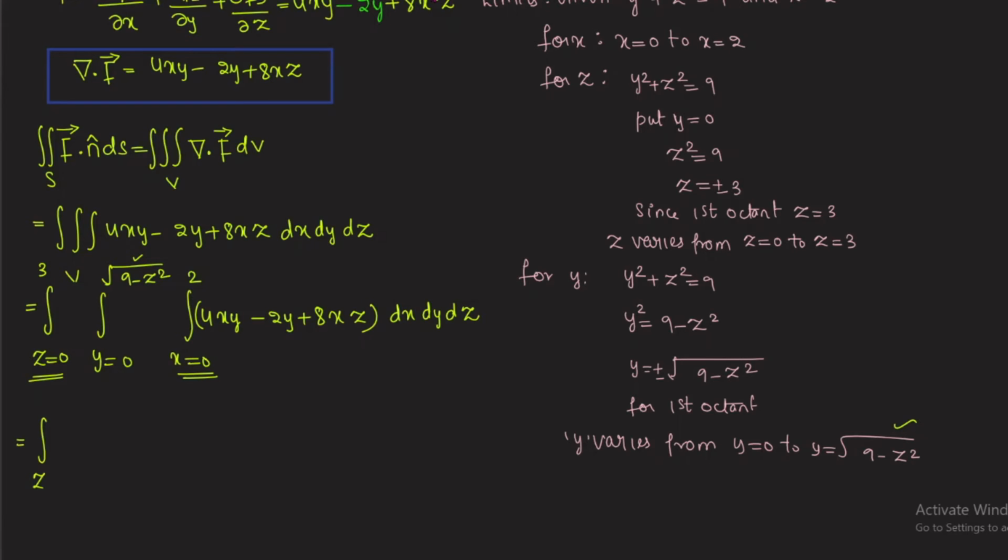Now this will become integration z equal to 0 to 3, integration y equal to 0 to root over 9 minus z square.